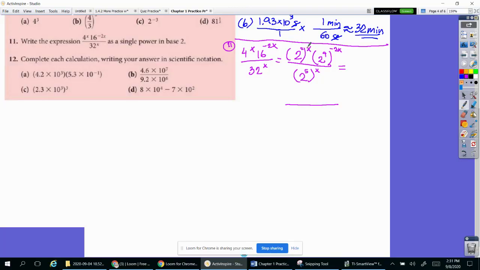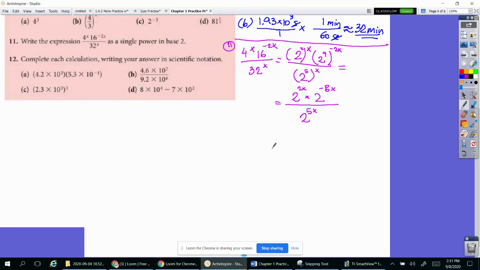Using the power rule, we're going to multiply 2 times x, so this first part is 2 raised to the 2x power. The second part, 4 times negative 2x, so 2 raised to the negative 8x. And then the last one over here is 2 to the 5x.